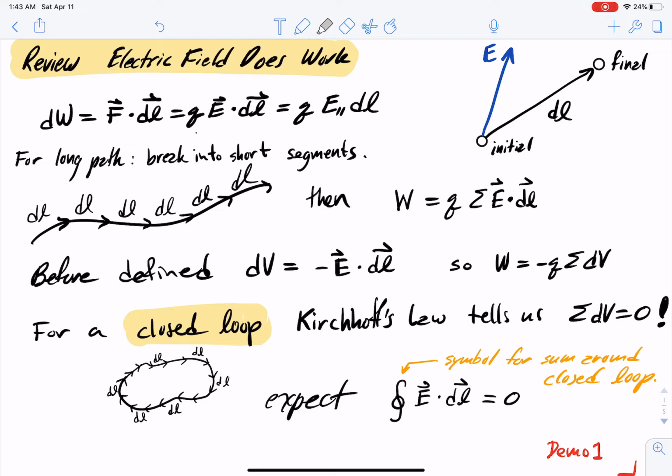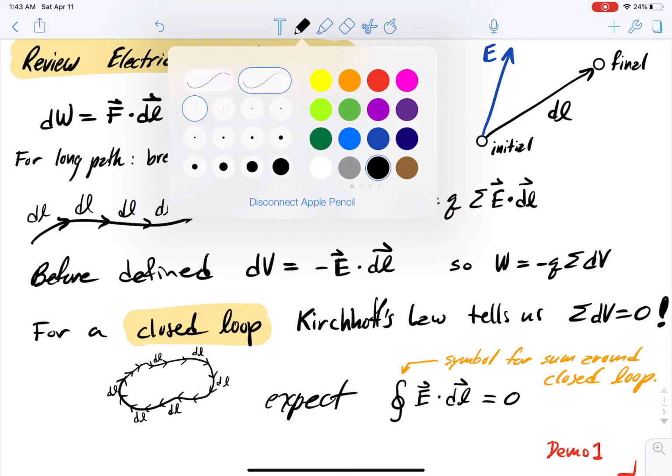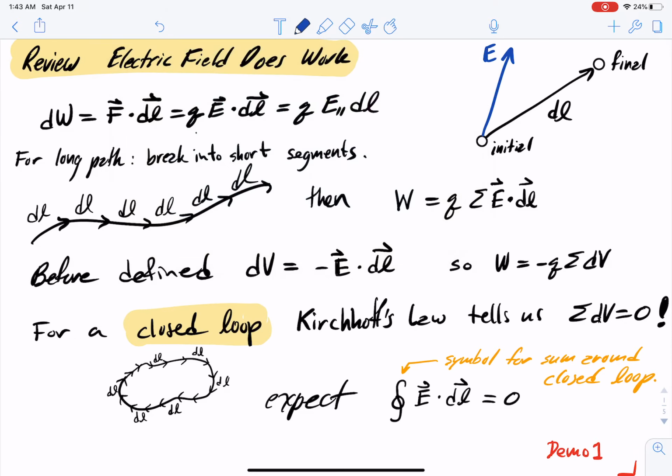Now, just as a reminder, to do the dot product, we break the field into two components. We take the component of the field that's perpendicular to the displacement and the component of the field which is parallel.